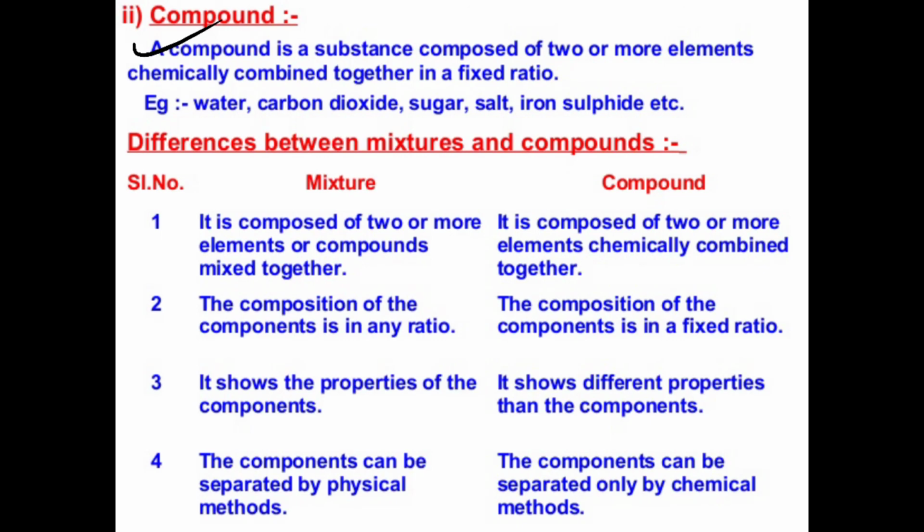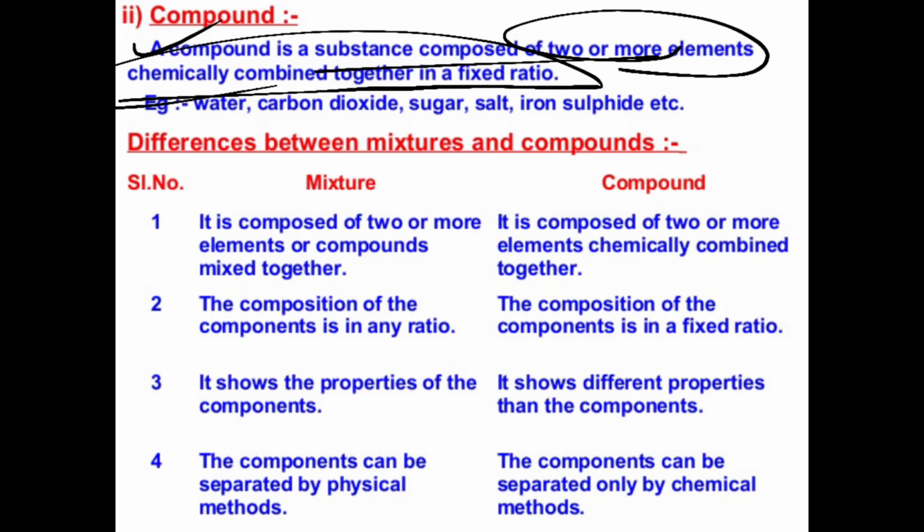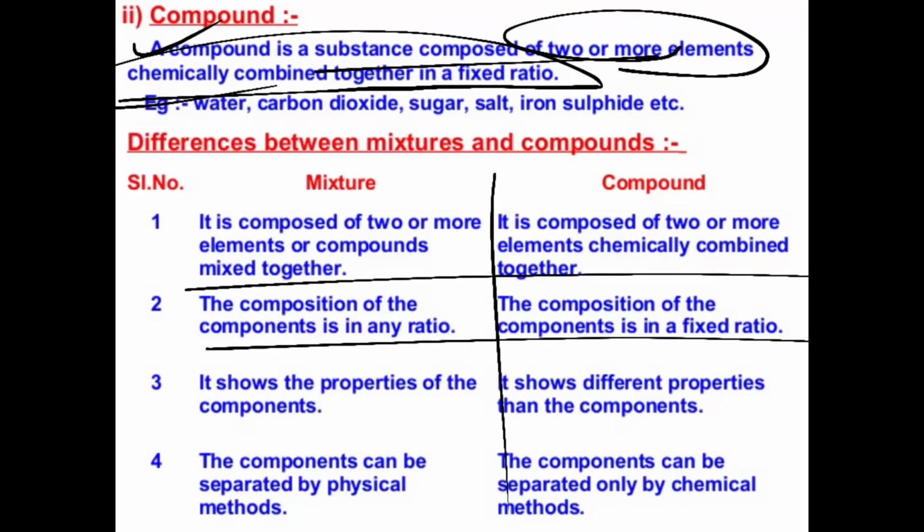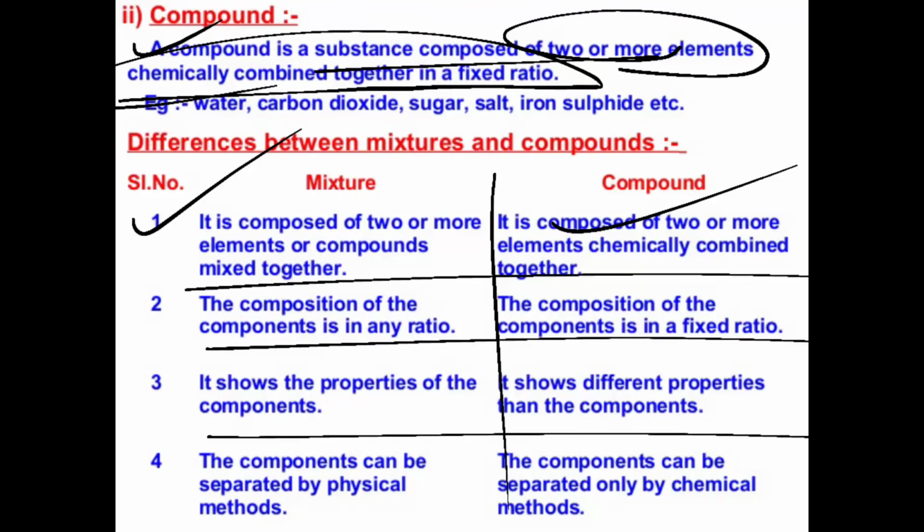Now compounds are substances basically made up of two or more elements which are chemically combined together. Now there is lots of confusion between mixture and compound. Now I will just differentiate them. A mixture is composed of two or more elements or compounds mixed together, while a compound is composed of two or more elements chemically bonded.